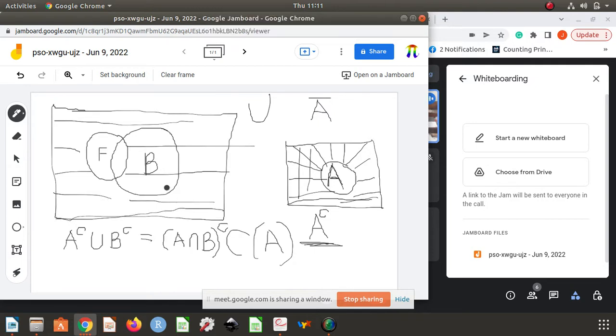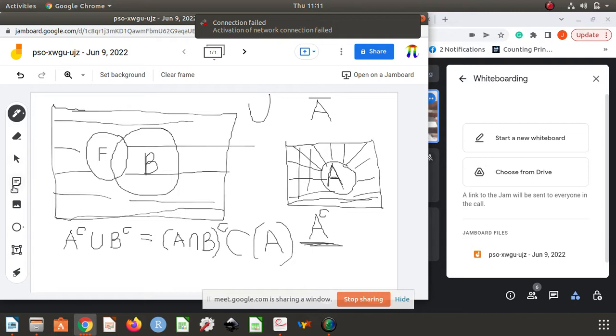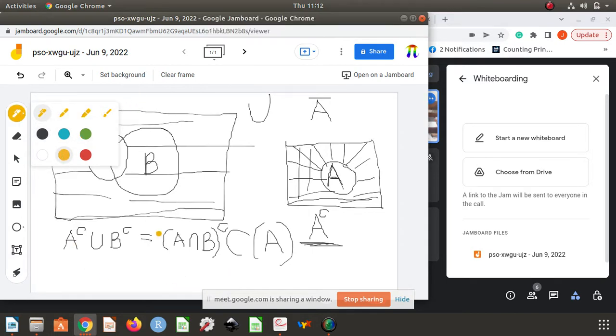Now the complement of B, I don't know if I can change color. Yeah. There. The complement of B will be as follows. Everything outside B, right?